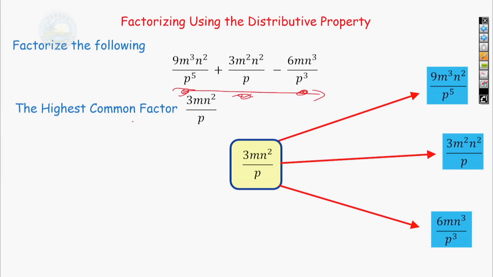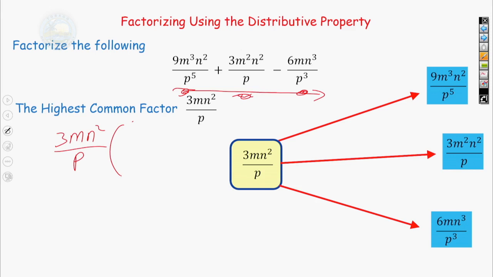Let's go with this. According to our steps, write out the highest common factor. It is 3mn squared all upon p, and then we open up some brackets. Let's look at our numerator. What do we multiply 3mn squared p by to give us 9m cubed n squared p fifth?